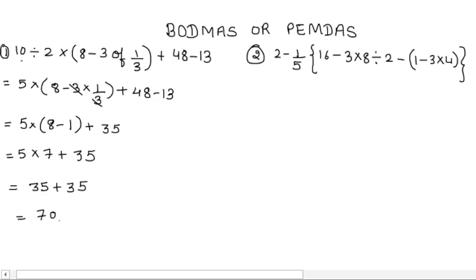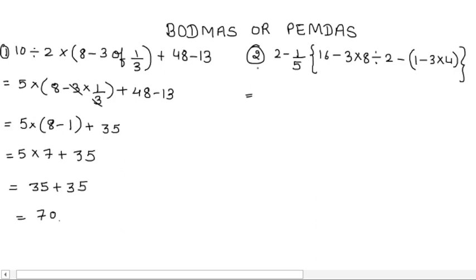So we started with a very complicated looking mathematical expression, and using BODMAS or PEMDAS, we simplified it, reduced to only 70. Let us move to the second question.